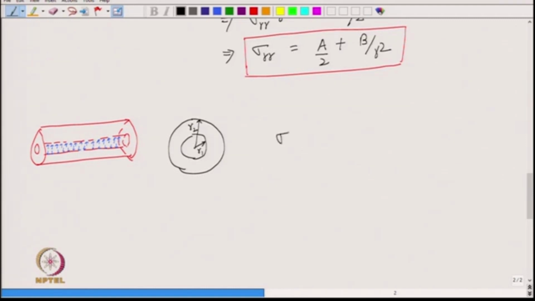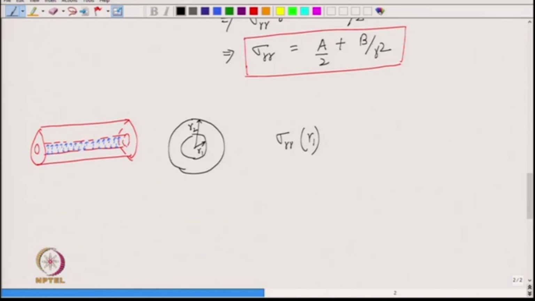So, what can we say about sigma r r at r 1 on the inner radius? On the inner radius, that is a negative r plane, because its outward normal is pointing towards the axis of the cylinder, in the negative E r direction.